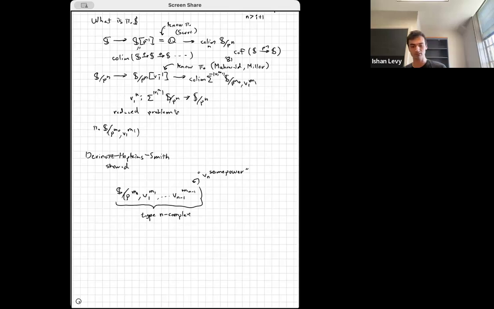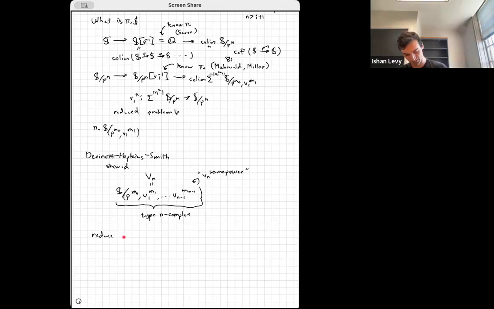And so you can similarly keep reducing the problem of the stable homotopy groups of spheres to understanding, so let me give a name to this, I'll just call this V sub n.